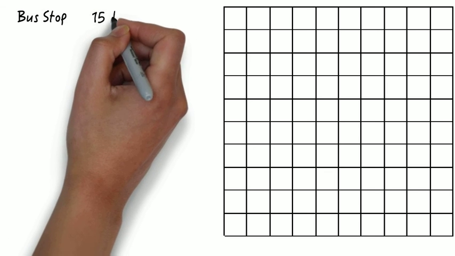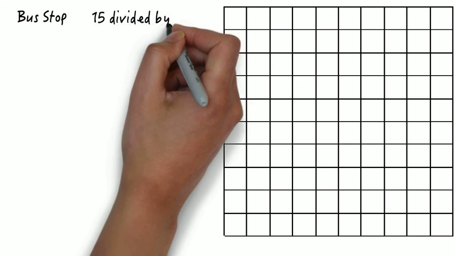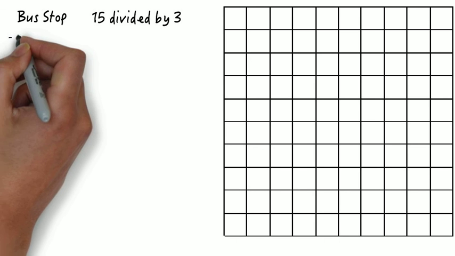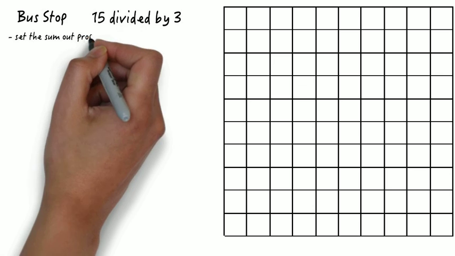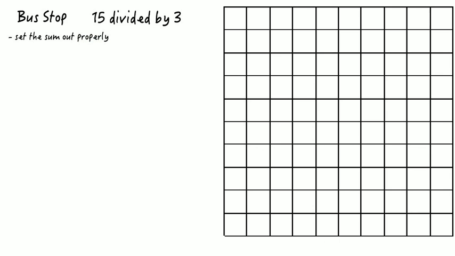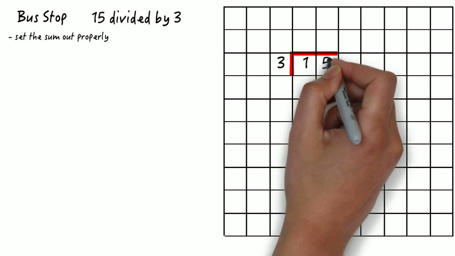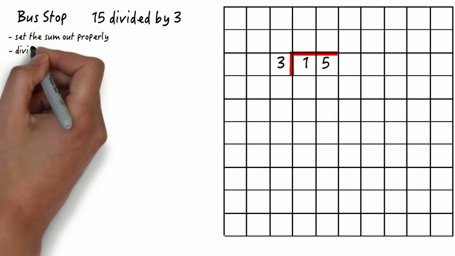Now for the bus stop method. It's important that you understand chunking and grouping before you try the bus stop method. We're going to use 15 divided by 3 again. And actually you set it out in the same way as you do the chunking, but without the subtraction. So 3 on the outside, 15 on the inside.